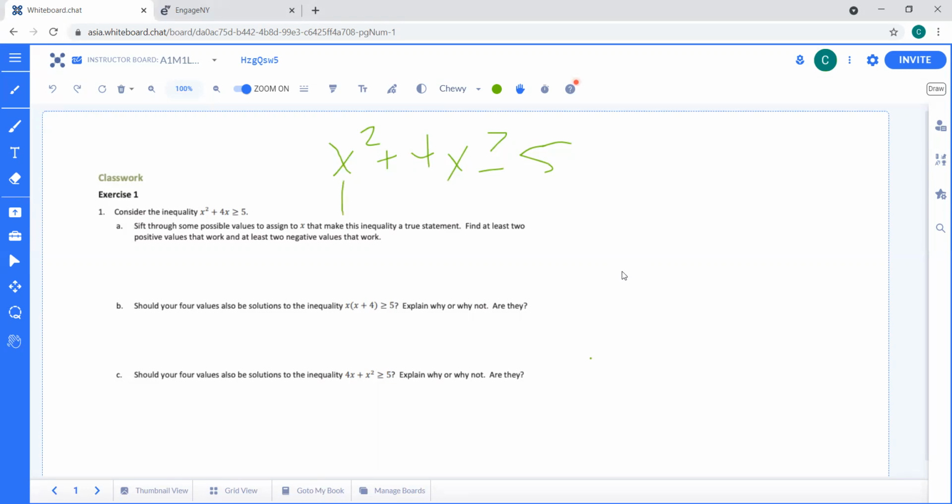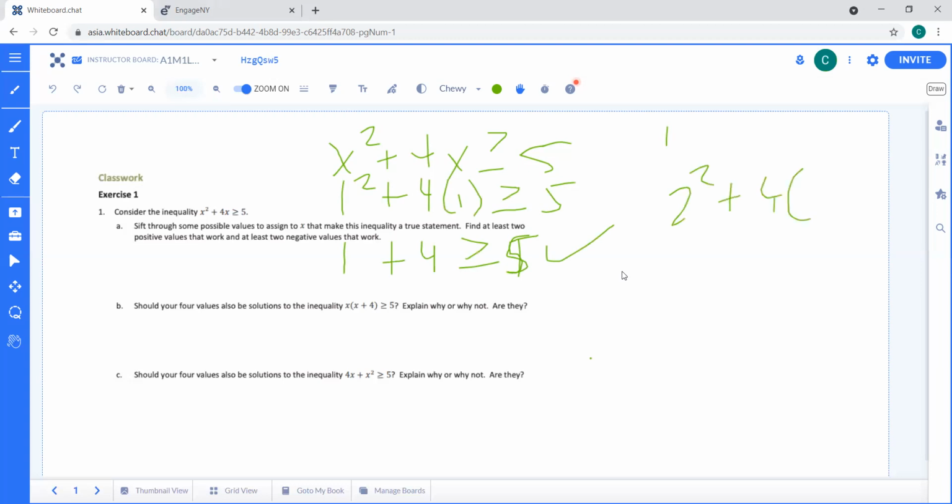Does 1 work? So 1 squared plus 4 times 1, is that greater than or equal to 5? Well, this will be 1 plus 4. That is greater than or equal to 5. That works out. All right, so 1 works. What about 2? If I plug 2 in, 2 squared plus 4 times 2, is that greater than or equal to 5?